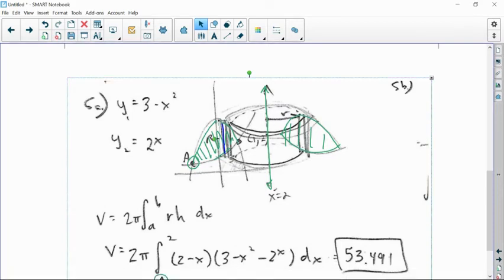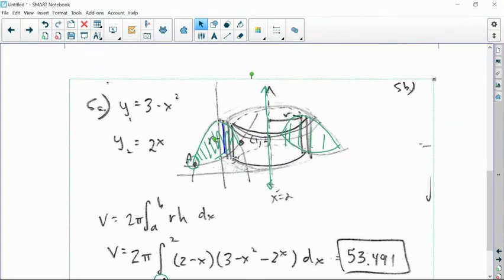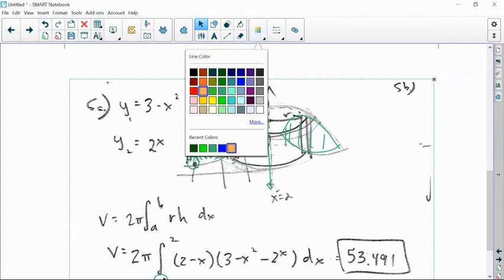And so I have to realize how do you find the volume of basically a bunch of cylinders. Remember, for a cylinder, the volume is 2 pi r h. And then we're just going to have an infinite number of those. And so the height of these, there it is.